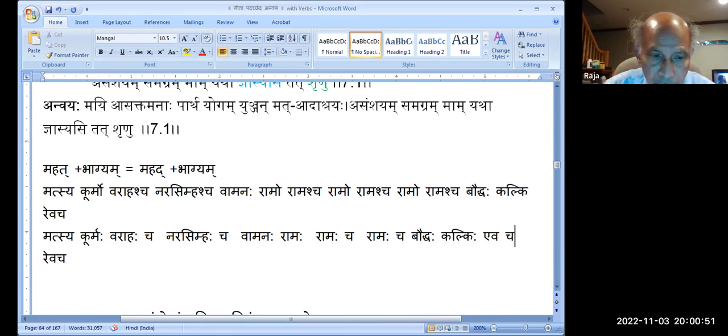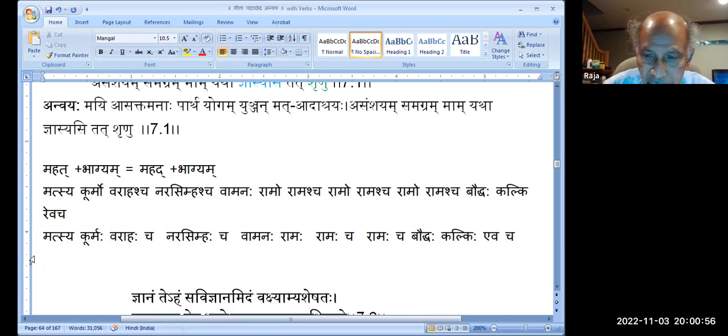These are the Dasavataras. First question is, where is Krishna here? So Matsya, Kurma, Varaha, and Narasimha, and Vamanaha, Ramaha.